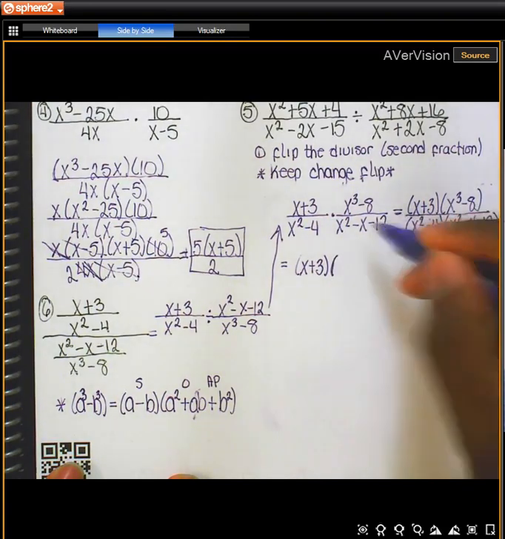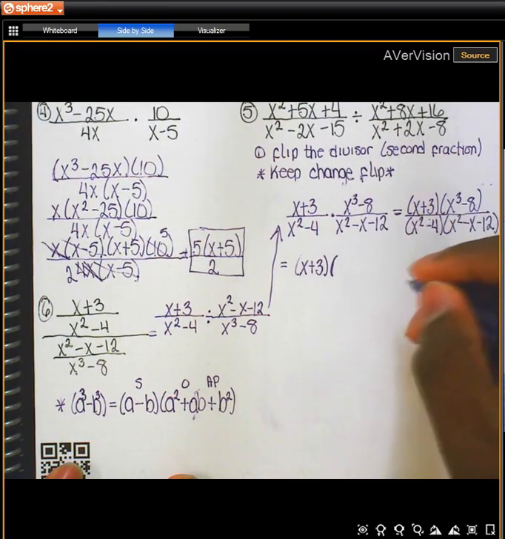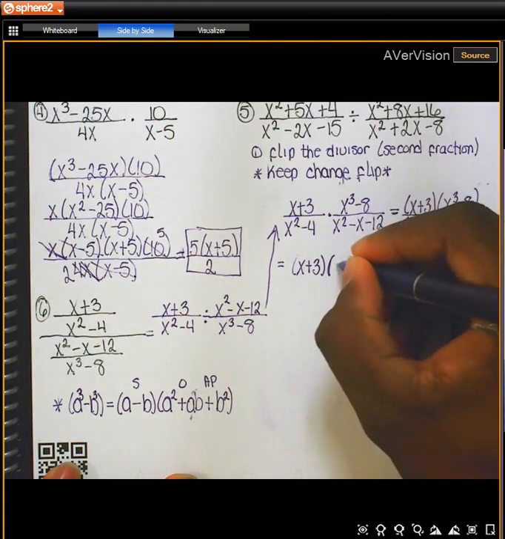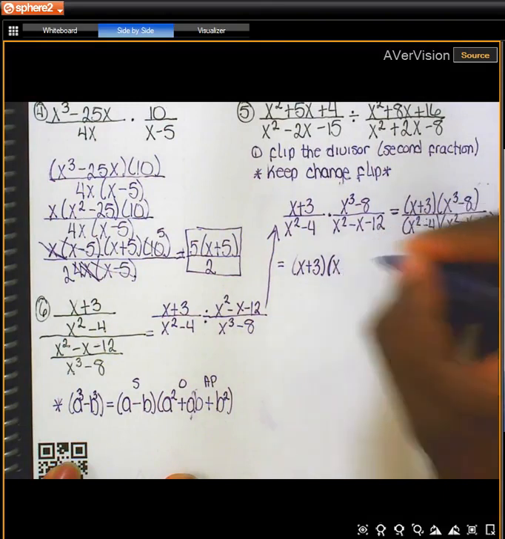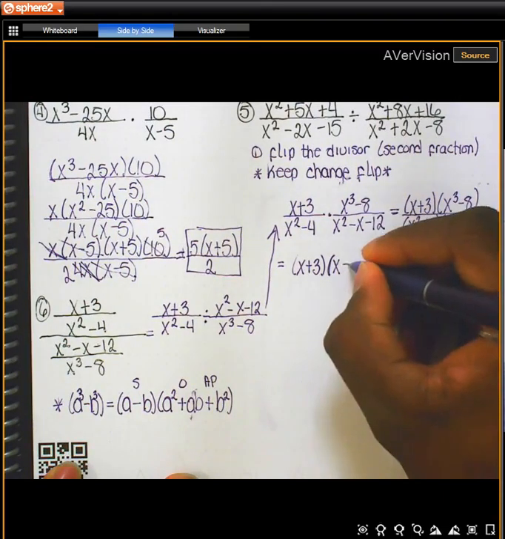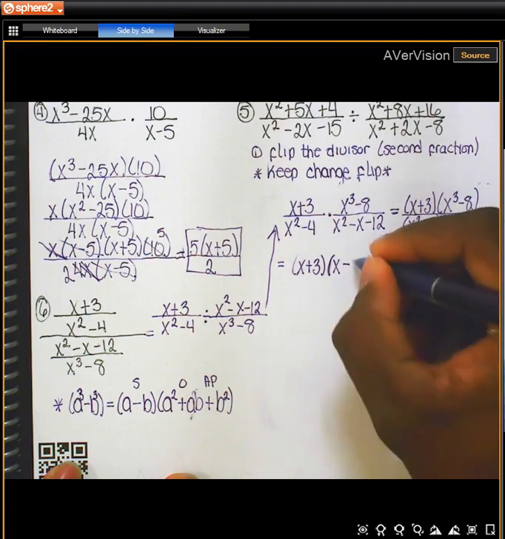So what do we have to cube in order to get x cubed? Right, so that means a is x. What do we have to cube to get 8? So 2 is b.